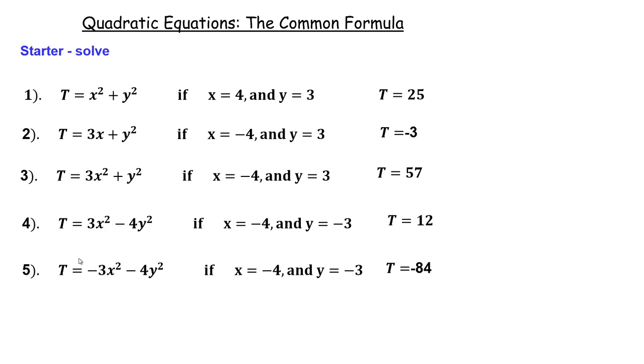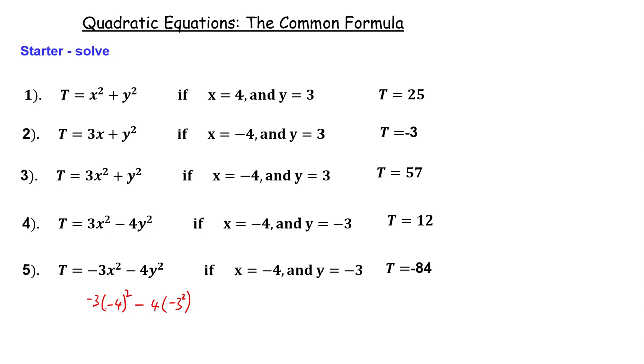Remember, what you have is minus 3 times minus 4 squared minus 4 times minus 3 squared. Okay, so the minus in the brackets are going to turn to positive.